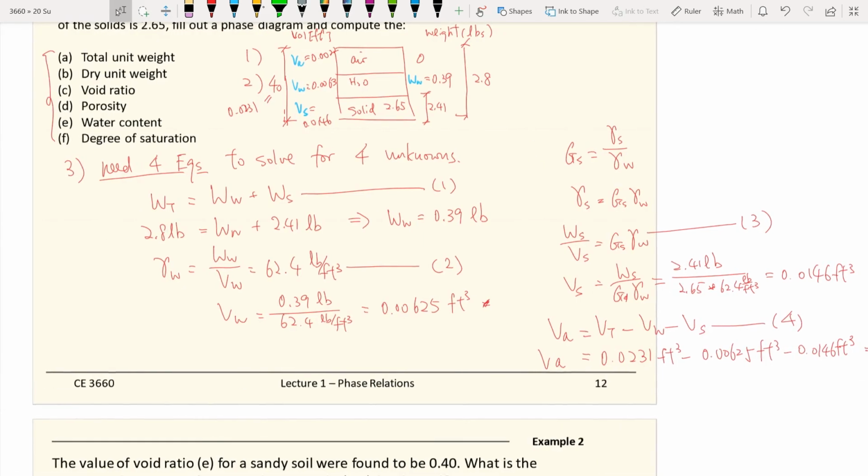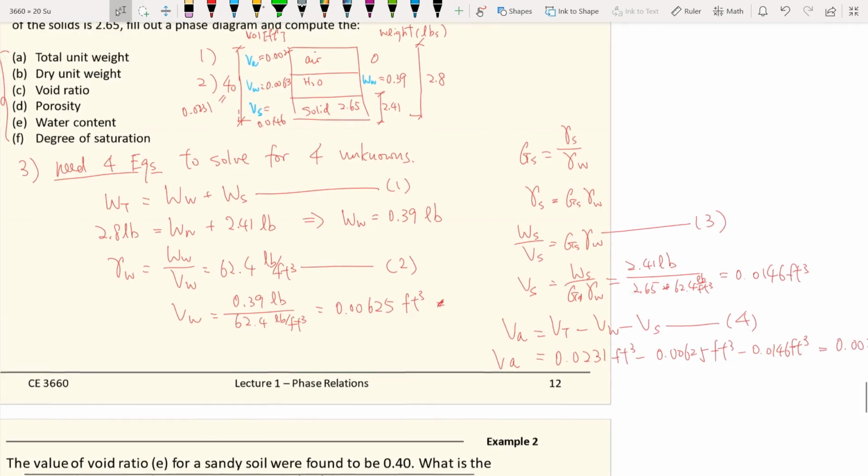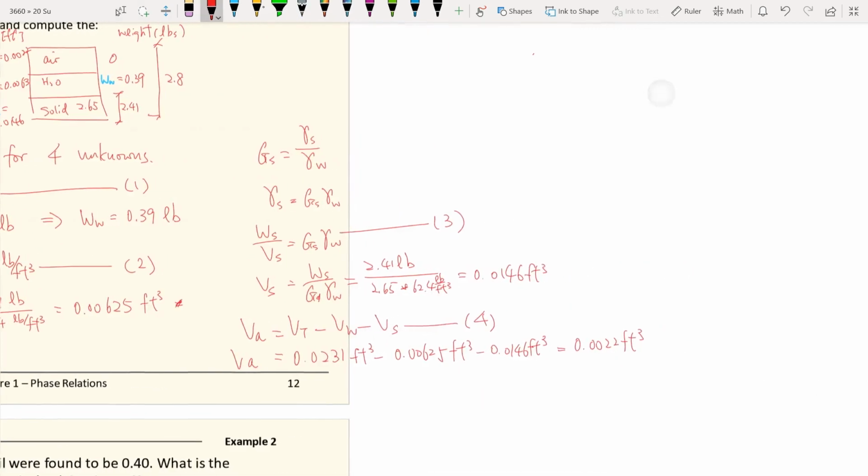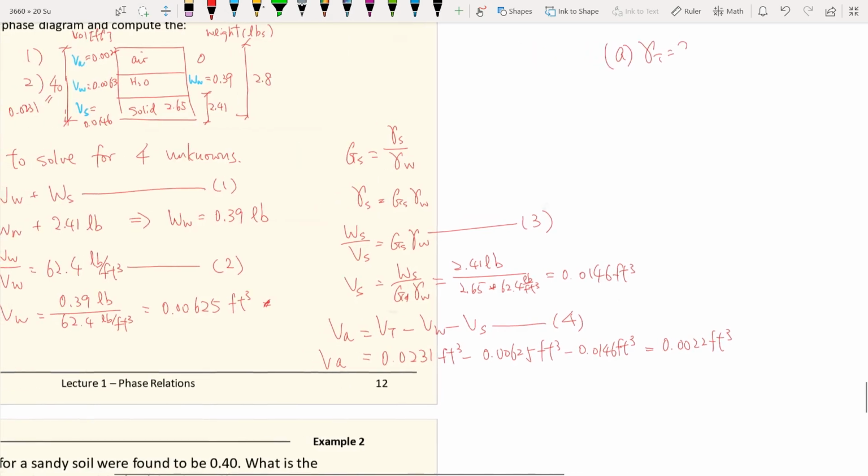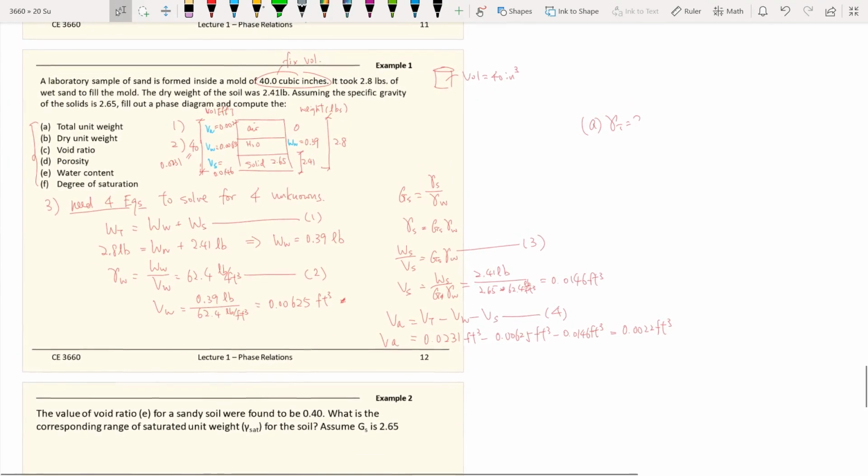First, they ask for the total unit weight. Maybe let me move this here. So the total unit weight equals the weight divided by the volume.